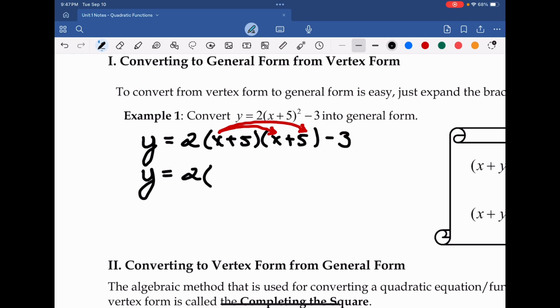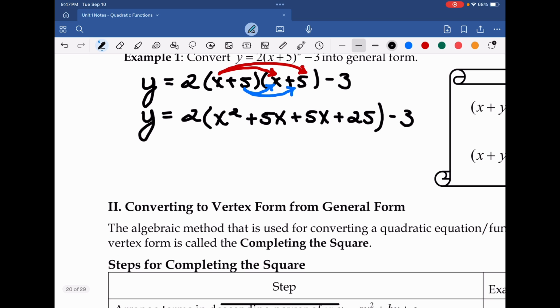It's going to be x times x, which is x squared, 5 times x, which is 5x. Now my next two terms are 5 times x, which is 5x, and my end terms are 5 times 5, which is plus 25. Close the bracket, minus the 3.